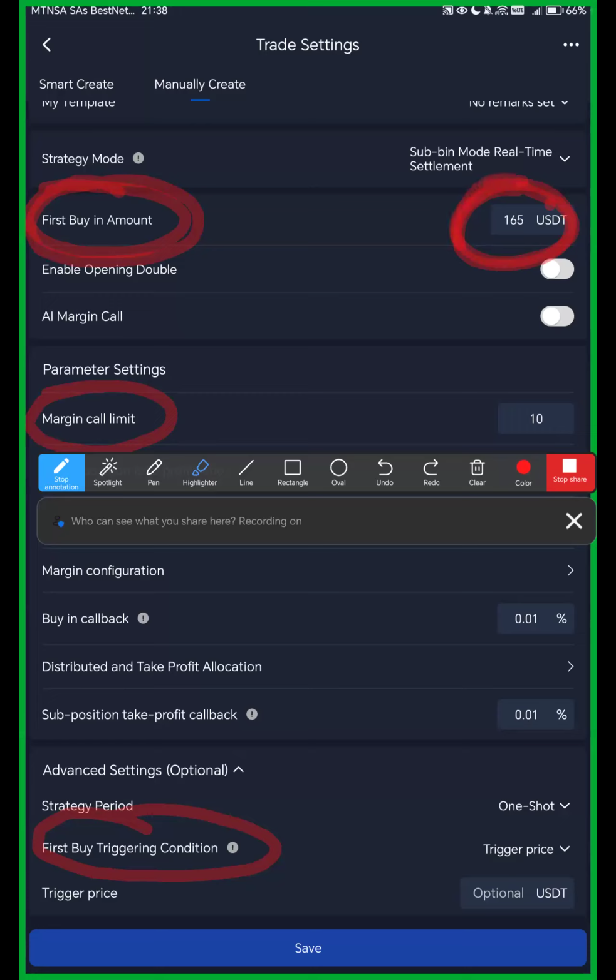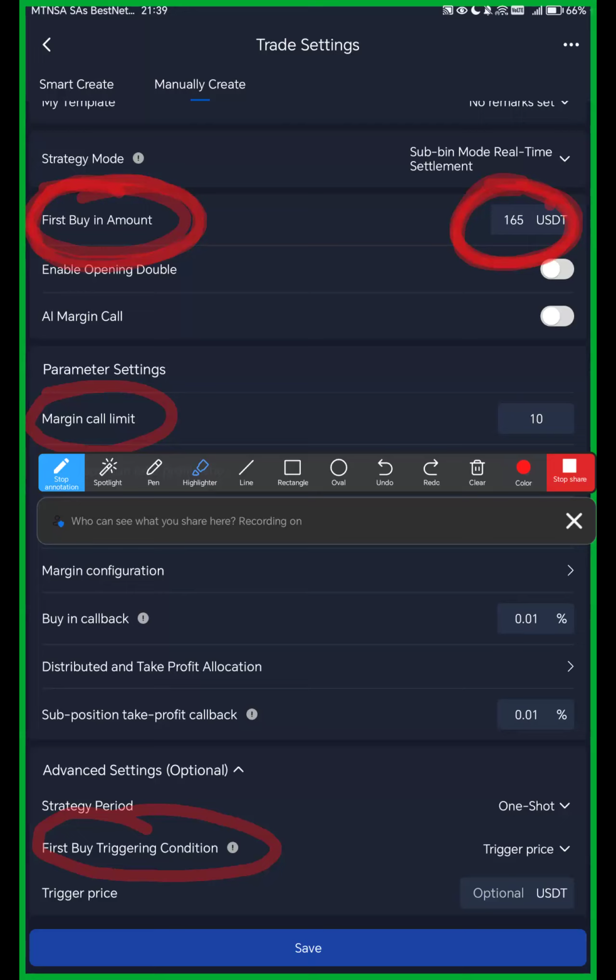Because if the first entry has been taken right, there is a high chance that the trade is going to be successful. That's why when we are trading, we normally focus on our entries. How we enter the market and when we enter the market matters most.